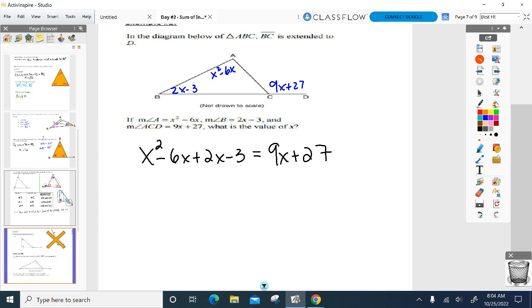Can you clean up the left side for me? It looks like you have some like terms on the left side of the equal sign. Can you combine those? So what's it going to look like? X squared minus 4x minus 3 equals 9x plus 27. Oh, I just get happier and happier as this problem moves along. What's the deal now?